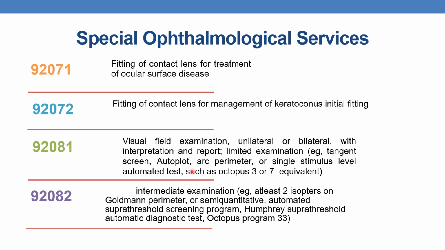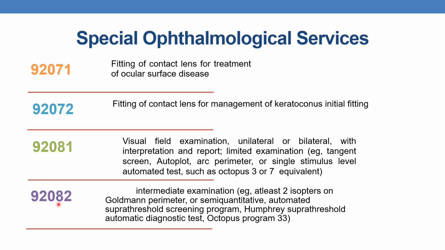Example, tangent screen, Autoplot, arc perimeter or single stimulus level automated test such as Octopus 3 or 7 equivalent. This is a limited examination. For an intermediate visual field examination, which requires at least 2 isopters on Goldmann perimeter or semi-quantitative automated suprathreshold screening program, Humphrey suprathreshold automatic diagnostic test, Octopus program 33, these must be included.